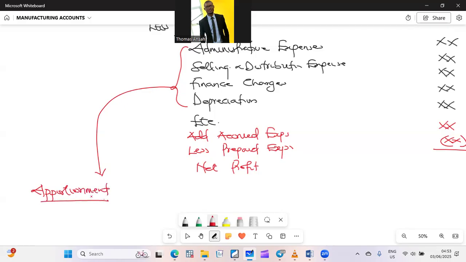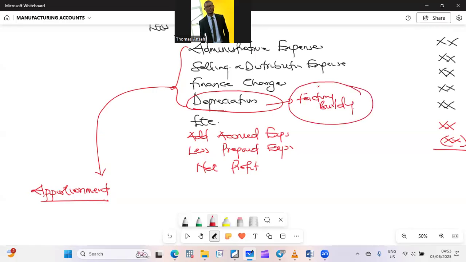All right. So let's say, for example, when we talk about depreciation of the factory building, this depreciation is actually an indirect expense. So it must go there. But you may be given a basis to apportion it.